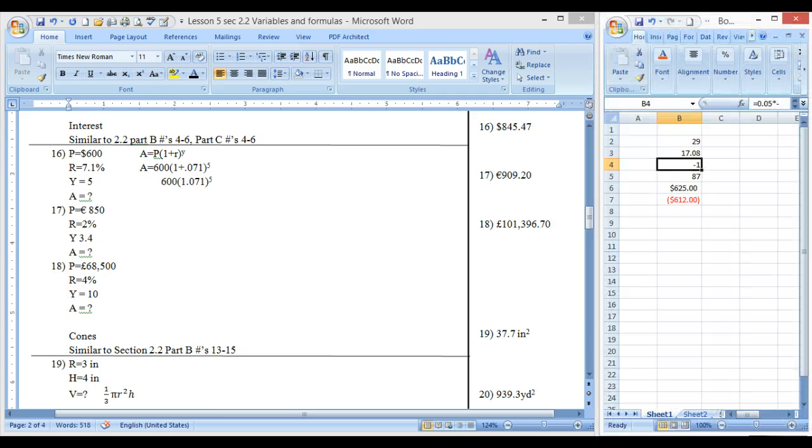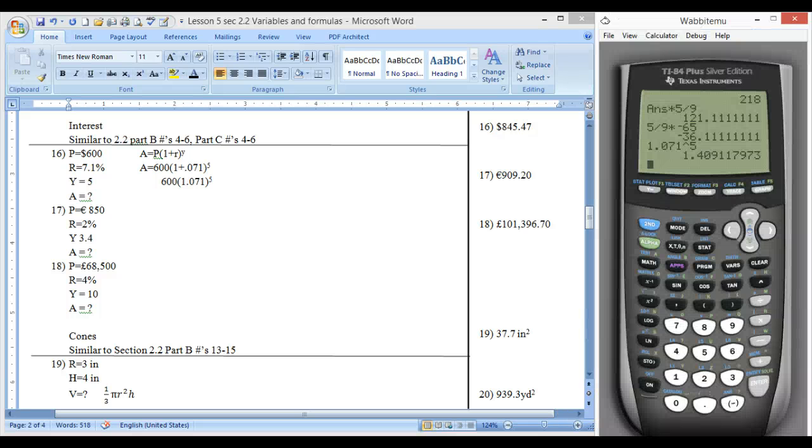Now, if you aren't using a calculator and you'd rather use Microsoft Excel, again, to make it calculate, you do an equal sign, 1.071, and your caret button is above the 6, shift 6, raise it to the 5, and we get 1.4009. And same thing here, 1.4009. Now I need to multiply that by 600.